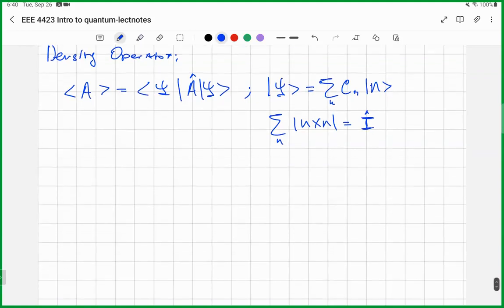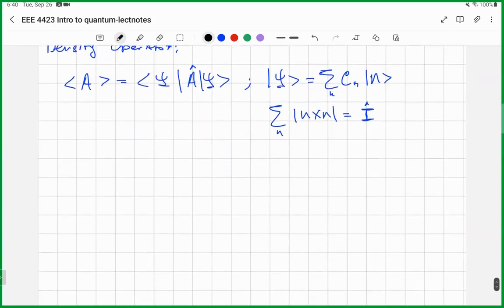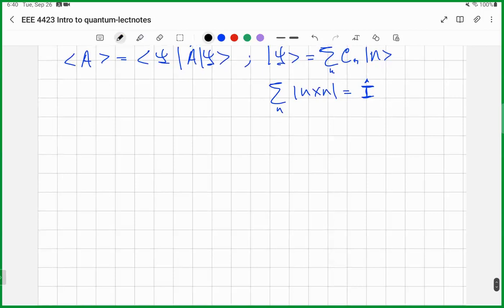Okay, so let's suppose I have an ensemble of quantum systems. So I have in mind this first scenario, the ensemble. And I do the measurement, and I find, for example, for the expectation value of observable A for the first system to be equal to <psi 1|A|psi 1>. For the second one, I get <psi 2|A|psi 2>.